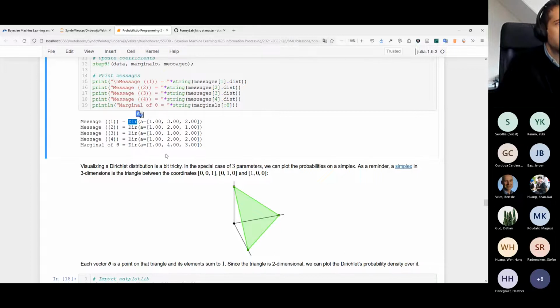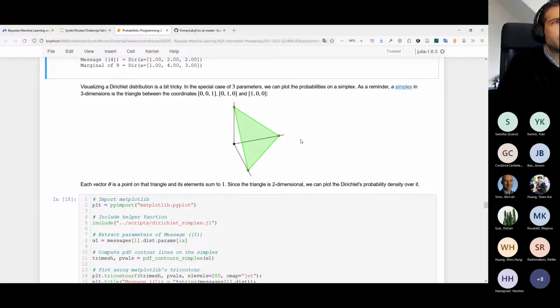That is what a Dirichlet distribution is. The Dirichlet distribution is a probability distribution over vectors that sum to 1. And that means that for a three-dimensional space, a Dirichlet distribution is a distribution over this triangle, which is a two-dimensional object.